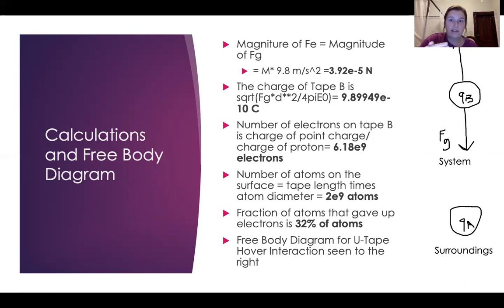So these balance one another out in their equal magnitude, which is why I'm able to determine the charge of tape B here, which was 9.8 times 10 to the negative 10. And then the number of electrons on tape B was the charge of the point charge divided by the charge of a proton. The number of atoms on the surface was the tape length times atom diameter, and the fraction of atoms that gave up electrons was around 32%. This is all demonstrated in my modeling within the GlowScript code.